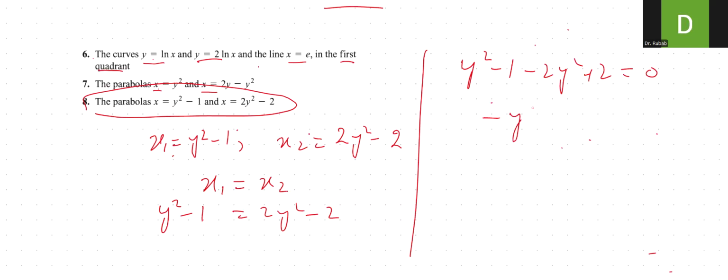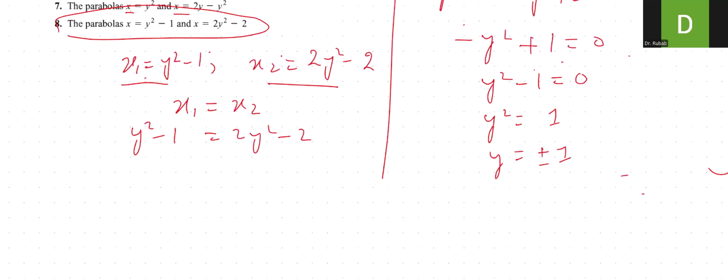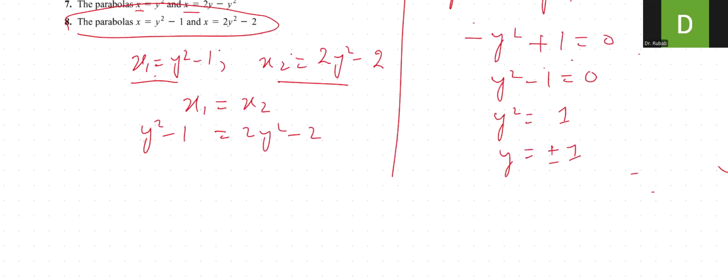I take minus common. y square minus 1 is 0. And we get y square is equal to 1. So y, I take the square root, it becomes plus or minus 1. So the y limit is from minus 1 to 1, right? So the set of limits becomes x1 is equal to y square minus 1, x2 is equal to 2y square minus 2, and y is between minus 1 and 1.